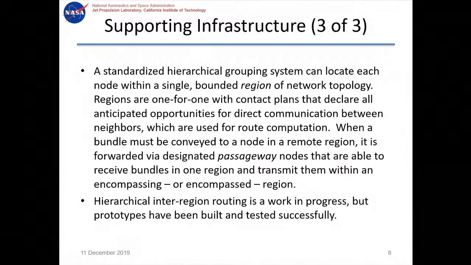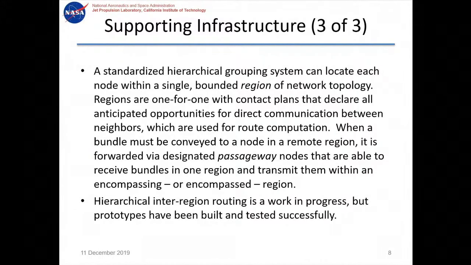And then the third element doesn't quite exist yet. There's been a lot of research in it. We don't yet have a solid prototype, but there have been experiments that are very promising, and that is a standardized hierarchical grouping system to locate each node inside a bounded region of network topology, roughly analogous to autonomous regions in the internet, very roughly.